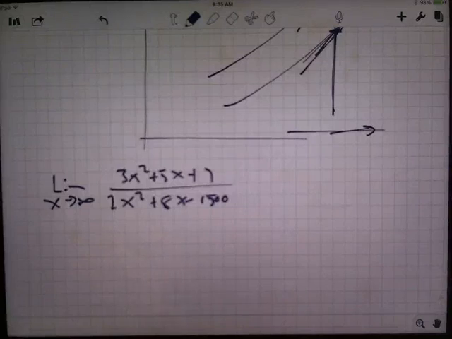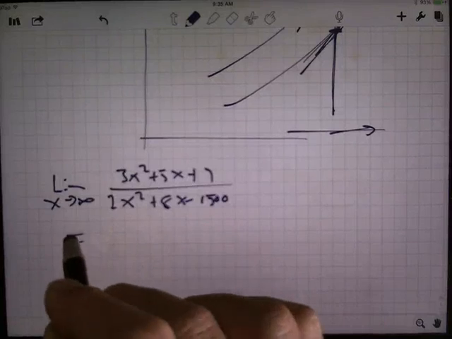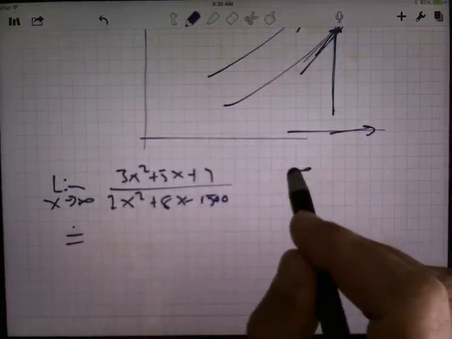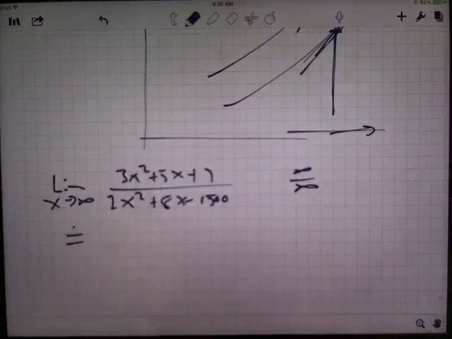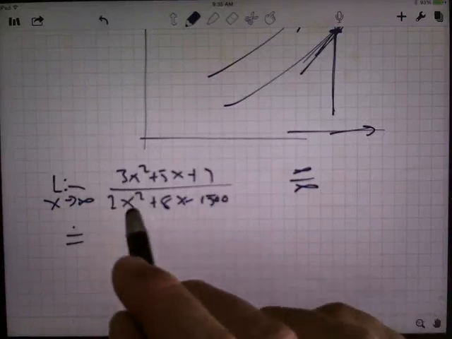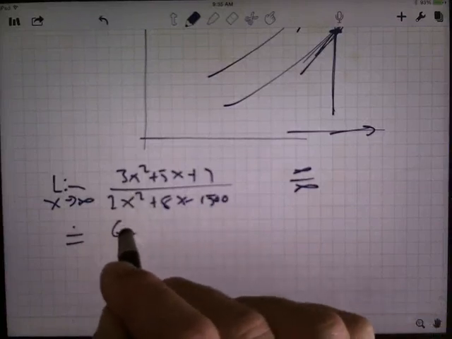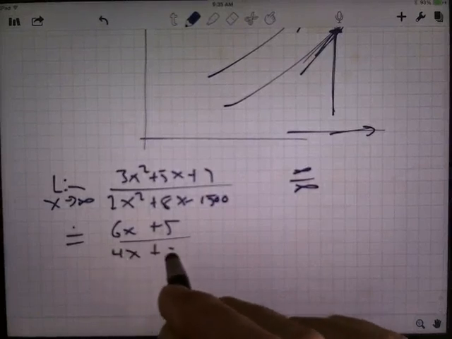From the point of view of L'Hopital's rule, we can see why that biggest term is the only one that matters, because as I do L'Hopital's rule, this is an infinity divided by infinity situation, right? As x is going to infinity, both these quadratic functions are headed to infinity. If I look at the derivatives here, I've got 6x plus 5 over 4x plus 8.